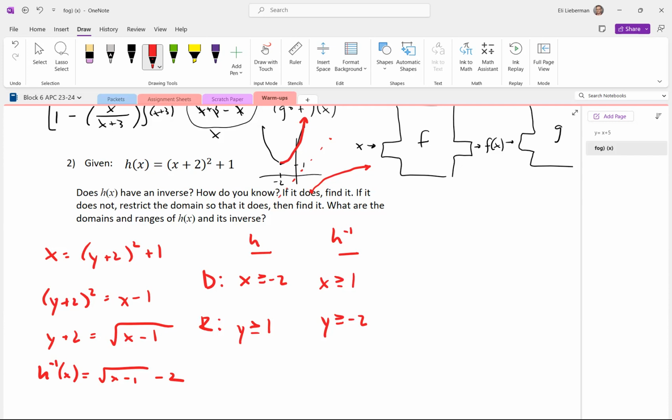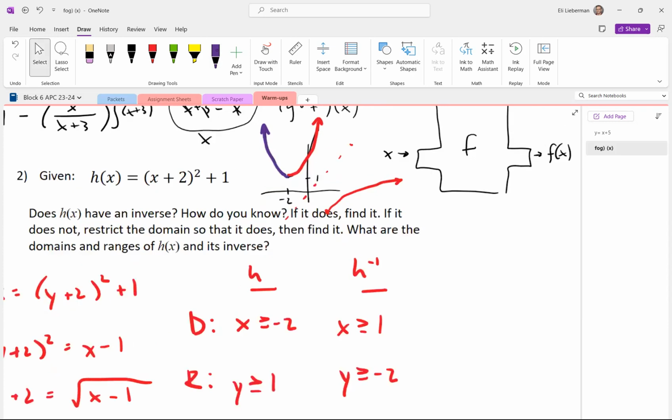Wait, why shouldn't you do h of x less than -2, and then for the inverse, you can take -3? Good question. We could, let's do it. Because we're all individuals, we may choose different things, and that's okay. So let's say we chose this side, and I'll call that the purple side.